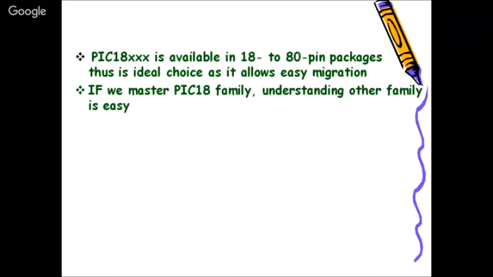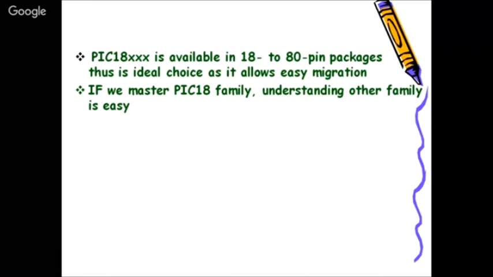Now, as far as the pin count goes, this PIC 18 family, which is the most powerful family of the PIC controller, starts with an 18 pin count up to an 80 pin package. So you know well how it matters, because when you are developing some particular embedded system application, you have to see how many peripheral input output pins are available, because these are finally connected to your peripheral devices.